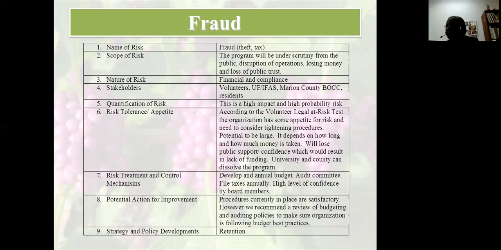So there's a tool called the Volunteer Legal Risk Test, and it's a tool by the Nonprofit Risk Management Center, and there's a fee in order to utilize that tool. And so to determine risk tolerance, an entity needs to look at outcome measures of its key objectives. So for us, of course, we want to generate revenue to run our Master Gardener program.